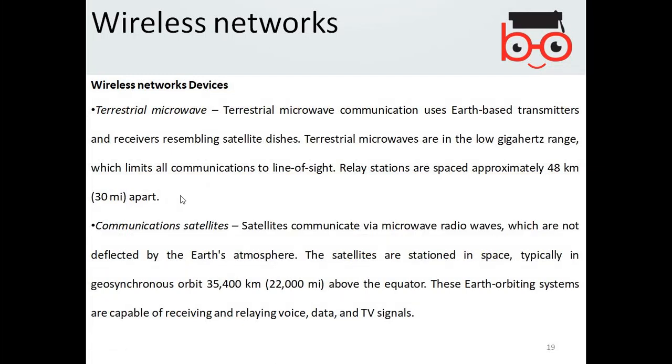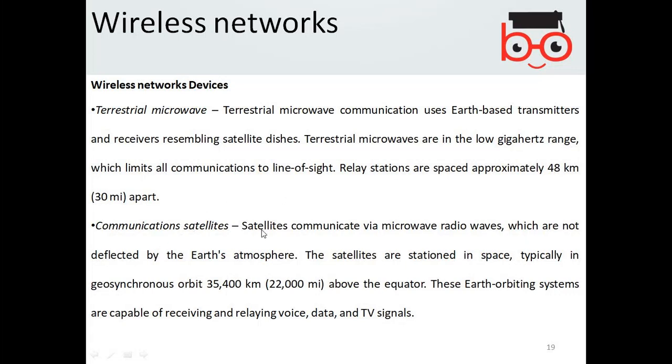When you talk about terrestrial microwave communication, it uses earth-based transmitters and receivers resembling satellite dishes. Terrestrial microwaves are in the low gigahertz range, which limits all communication to line of sight. Relay stations are spaced approximately 48 kilometers. So when you use terrestrial microwave, you probably have a range of 48 kilometers.